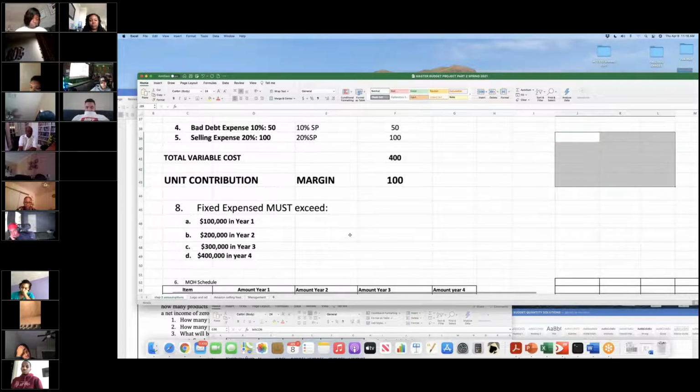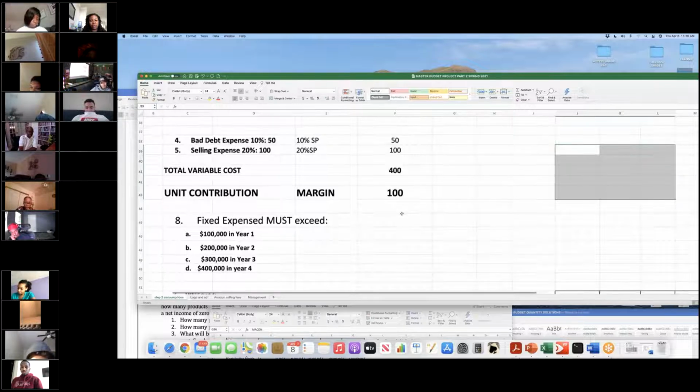Next, we come to fixed expenses. Your fixed expenses must exceed $100,000 in year one, $200,000 in year two, $300,000 in year three, and $400,000 in year four. So your fixed expenses must exceed these amounts.